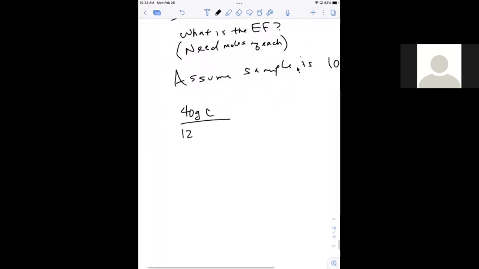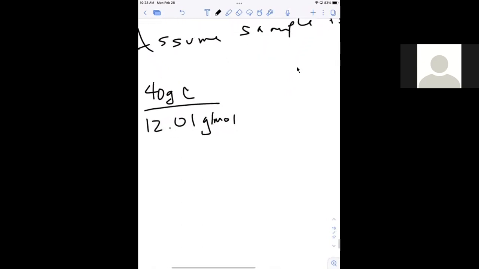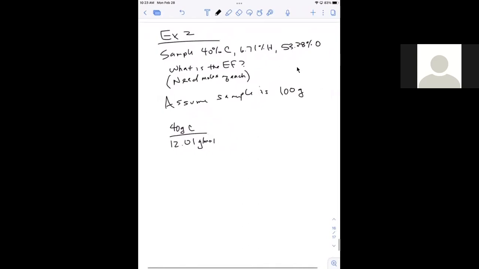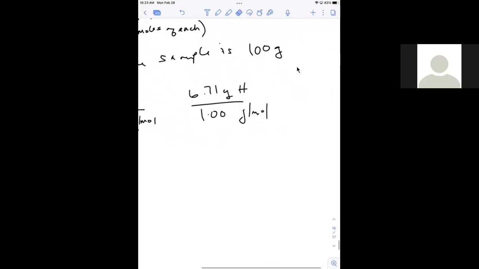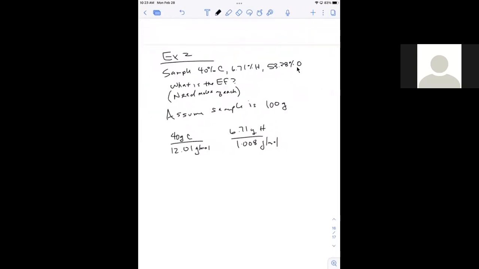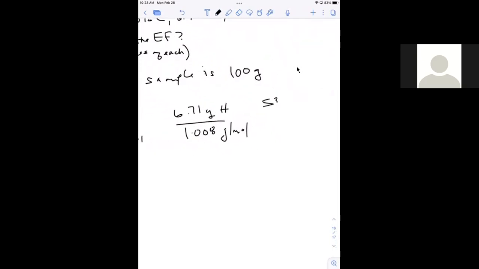And then we'll just go ahead and, right, this is the given mass divided by the atomic mass. All right, and then by the same token, 6.71 grams hydrogen divided by 1.008 grams per mole. And for oxygen, we'll set that up the same way, 53.28 grams of oxygen divided by 16.0 grams per mole.